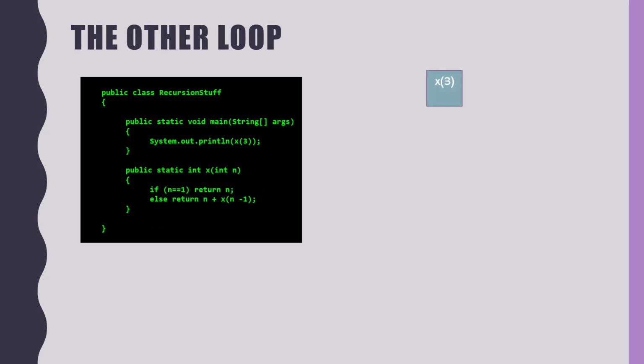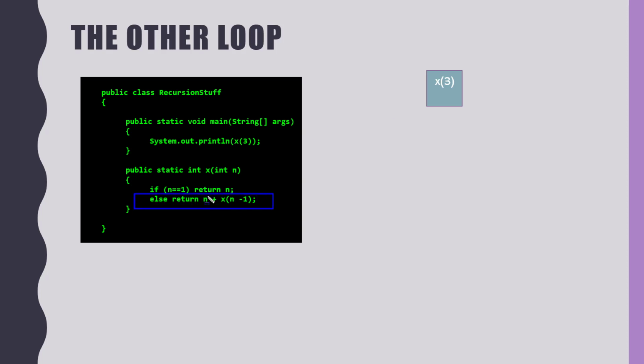So we're starting off here trying to solve what is x of 3. That is the name of our function right here. We just ran that, and it's going to run this block of code right here. So what is x of 3? Well, just manually look at it, and we can look inside the function. Is 3, which is the n right here, equal to 1? It's not. So it's going to do this block of code right here.